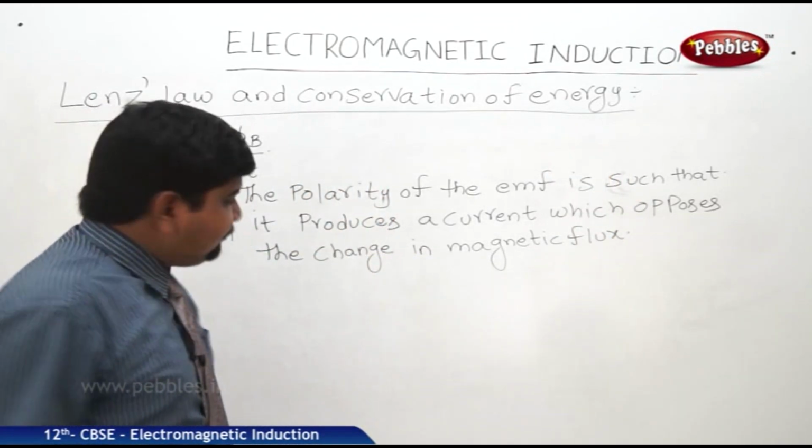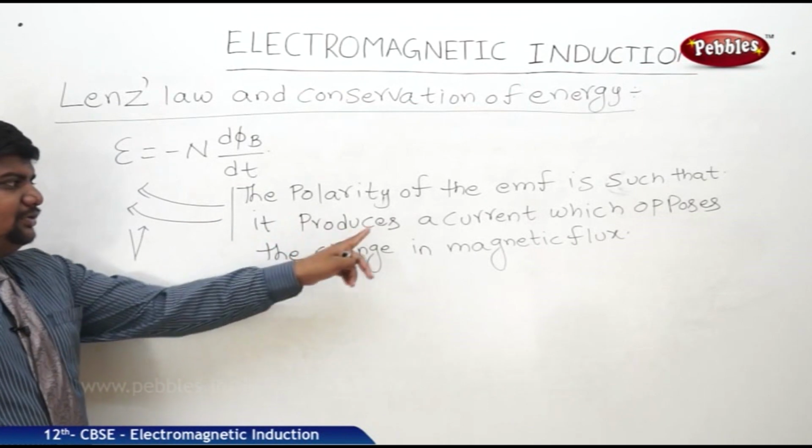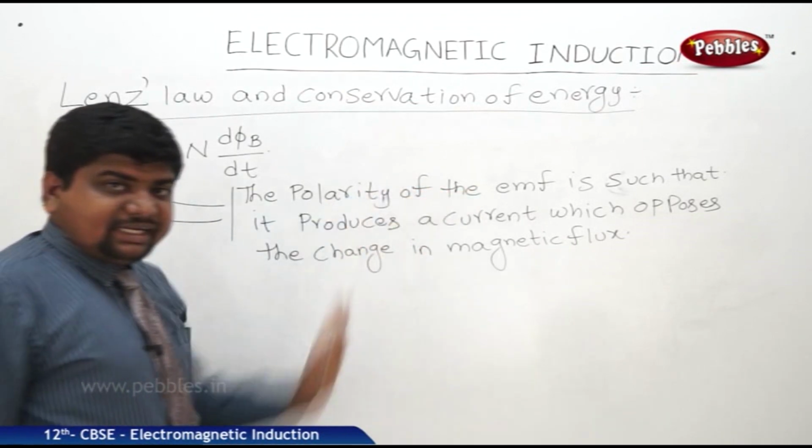The polarity of the EMF is such that it produces a current which opposes the change in magnetic flux.